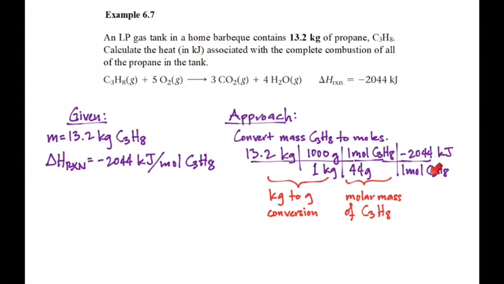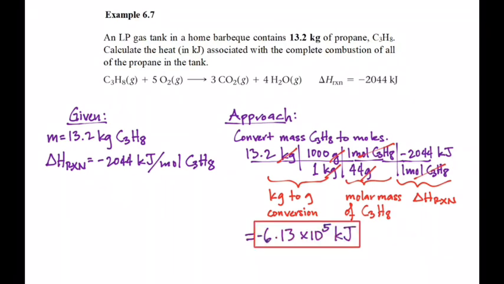So we would put moles at the bottom and the amount of heat generated up top. All the units would cancel out, and we're left with kilojoules. So plug everything into the calculator: 13.2 times 1,000 times negative 2044 divided by 44, and we get negative 6.13 times 10 to the fifth power kilojoules. That's the total amount of heat generated by this chemical reaction with 13.2 kilograms of propane.